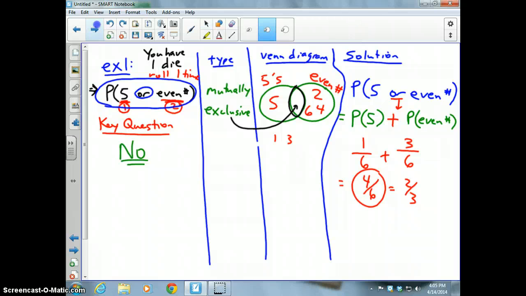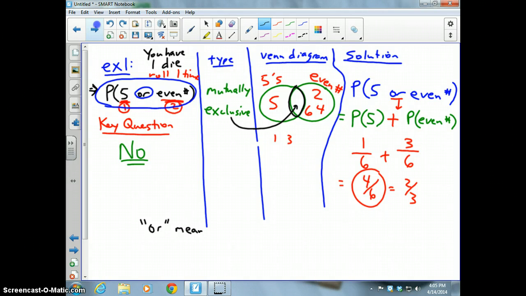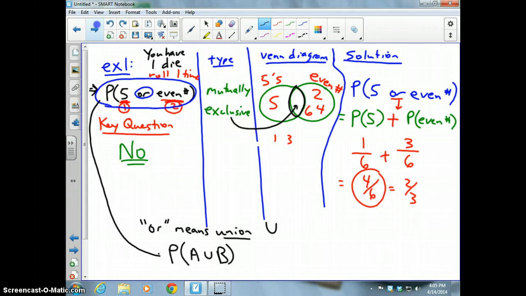Now, if I was going to summarize this mathematically, the word or means union. And the union symbol is a U in mathematics. So, the probability of event A union B, like I have right here.